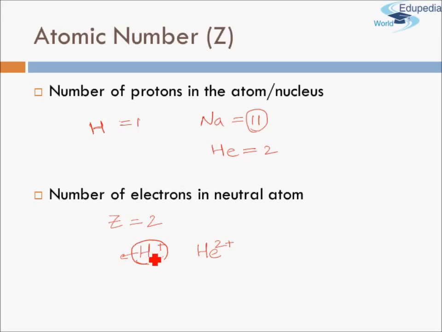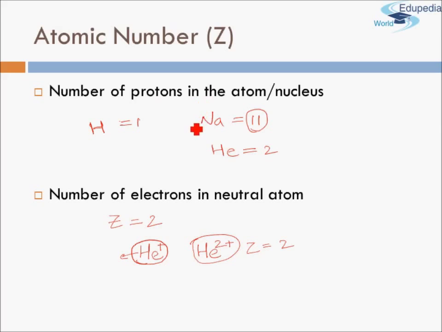But now you cannot say that atomic number is same as number of electrons. Alright, similarly here helium has lost both its electrons, but this doesn't mean that atomic number has changed. The Z is still equal to 2. Alright, so only for neutral atom you can also define atomic number as number of electrons. The best definition is obviously the number of protons in any atom or nucleus.